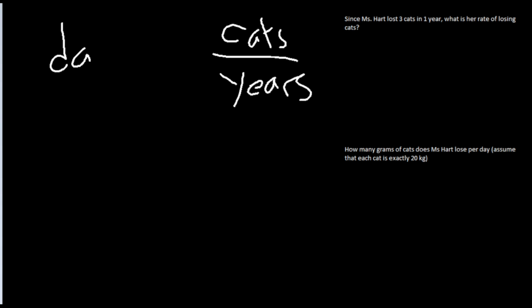So let's use this example. Since Miss Hart loses 3 cats in 1 year, what is her rate of losing cats? So the rate that we want is cats per year. Cats over years. So since Miss Hart loses 3 cats over 1 year, just get your units.